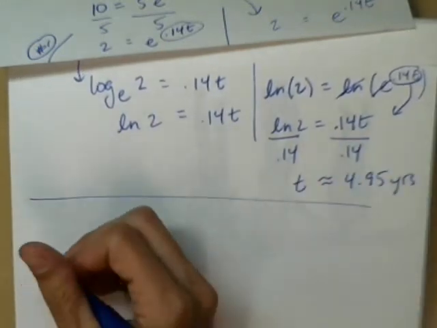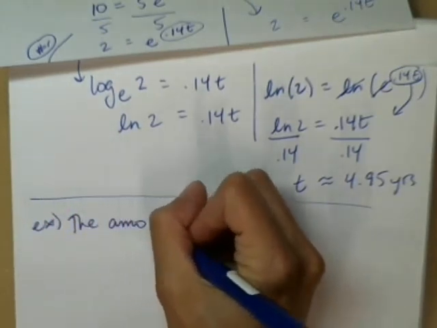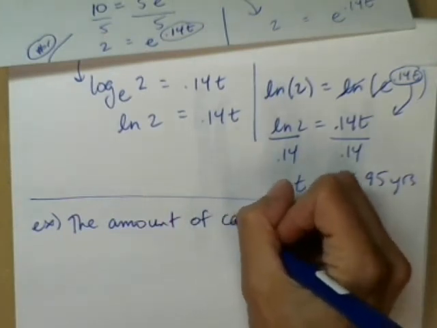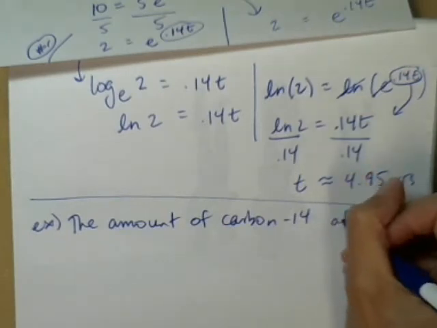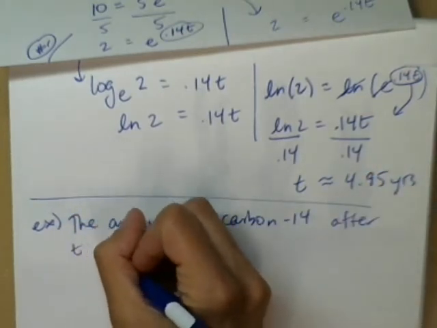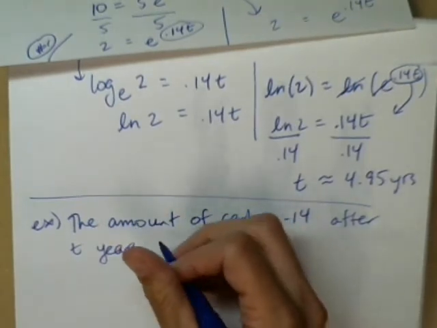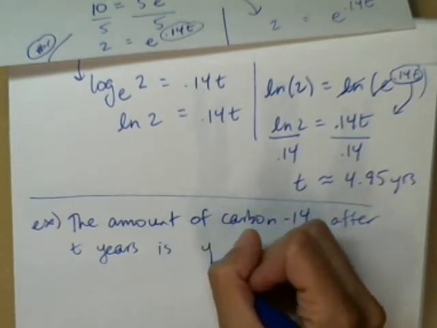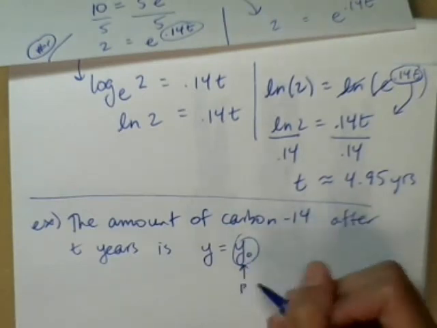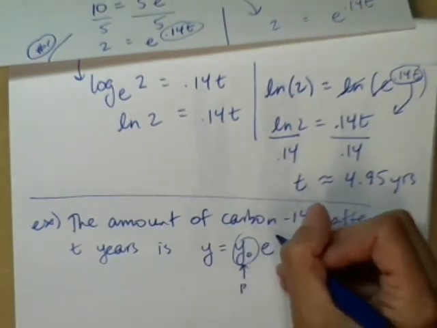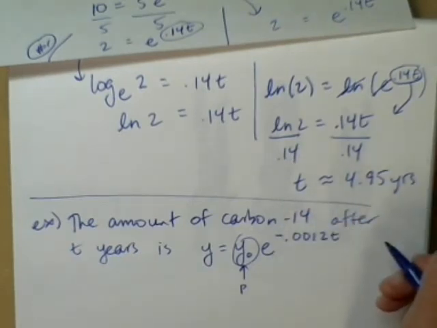It says the amount of carbon-14 after t years, and this is a decay, but that continuous formula is given by y is equal to y sub 0, which just means initial amount, that'd be like my P, e to the negative 0.0012t.